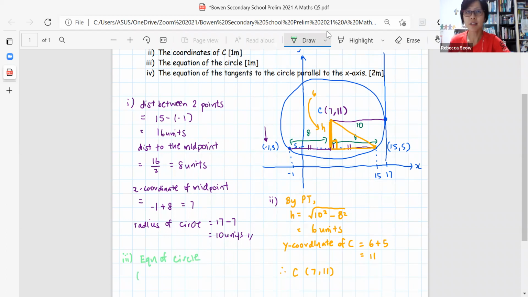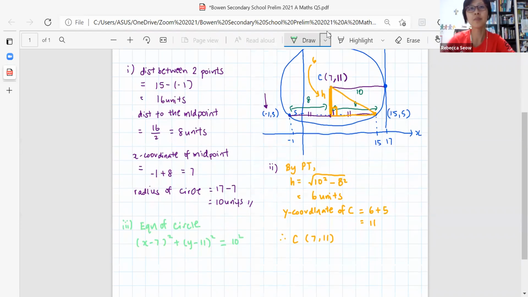Sub it in: (x minus 7) squared plus (y minus 11) squared equals the radius, which is 10 squared. Simplified, it is (x minus 7) squared plus (y minus 11) squared equals 100. So that's the answer for the third part.